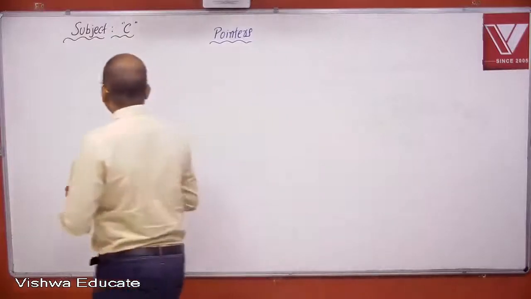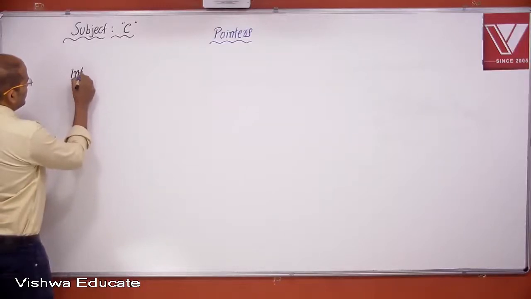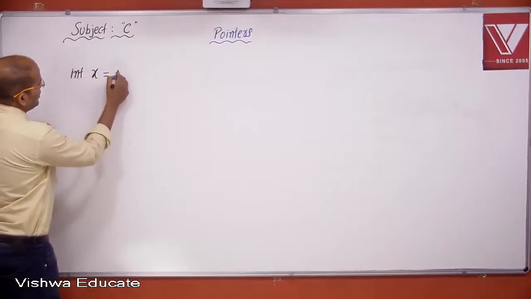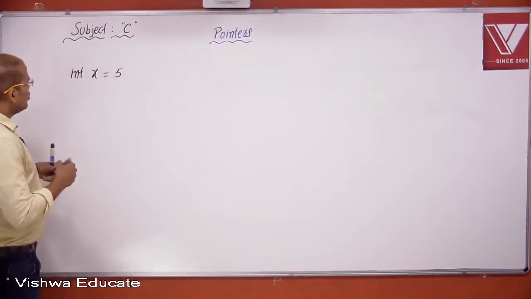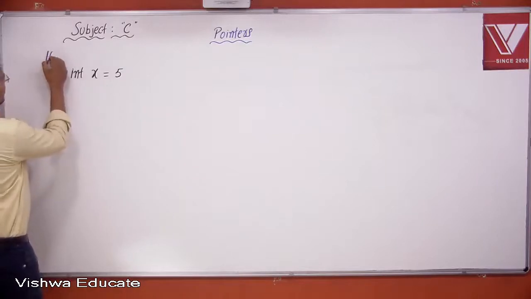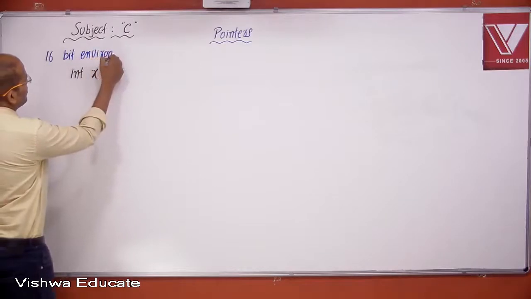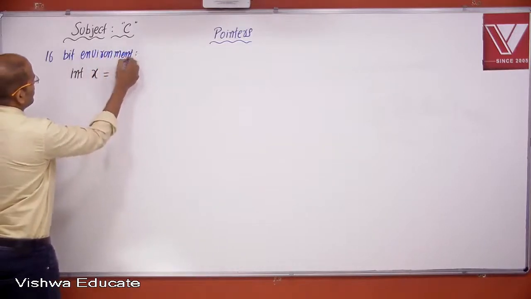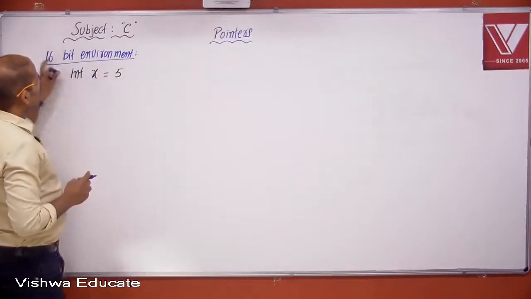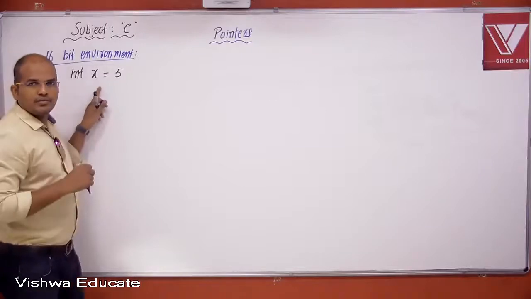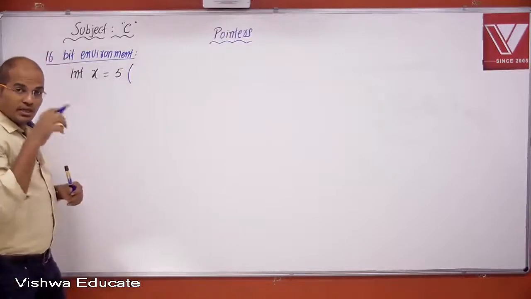So when I say int x is equal to 5, assuming a 16-bit environment, x takes 2 bytes. 2 bytes indicates 16 bits.